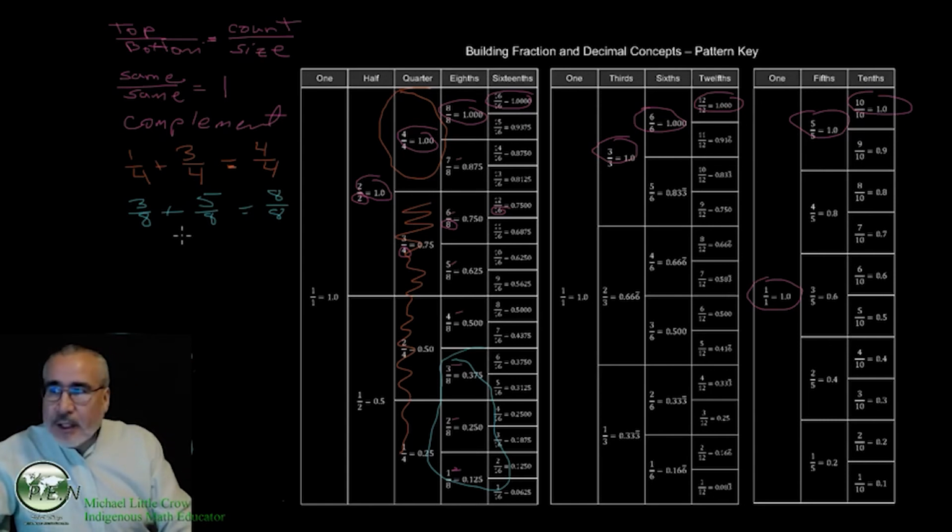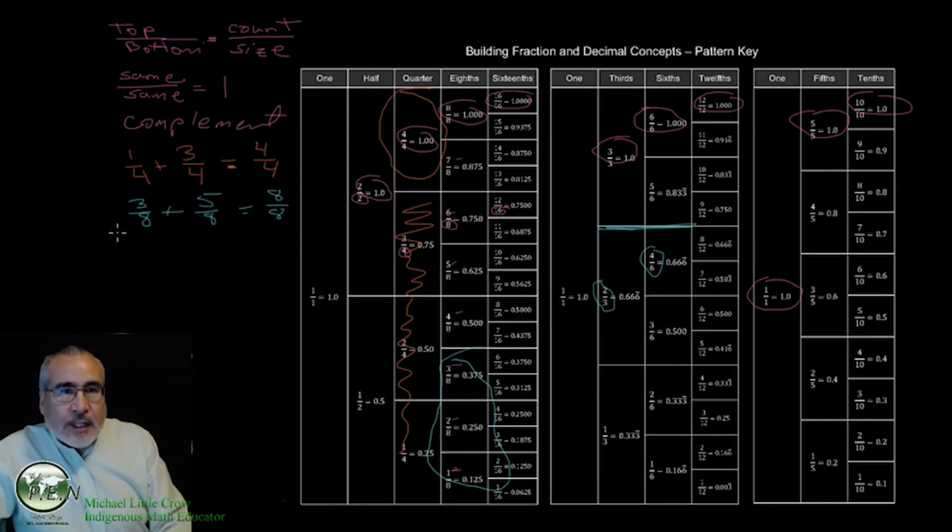The next one we want to take a look at is this concept of equivalent fractions. So let's come over here where we have 2/3 and 4/6. We can see because they match up here that they are the same amount of space, the same amount of items, of area.